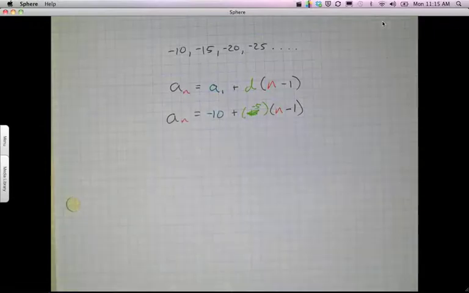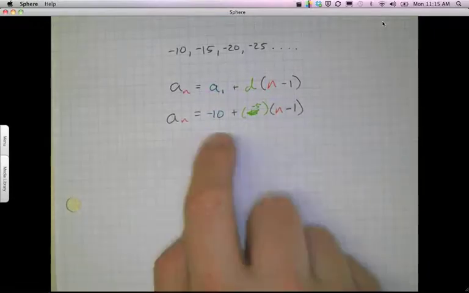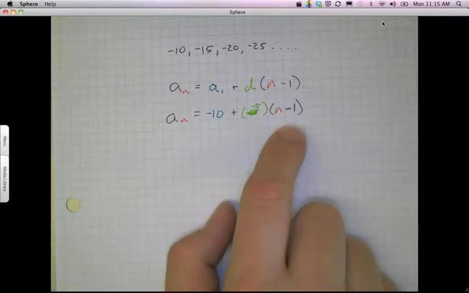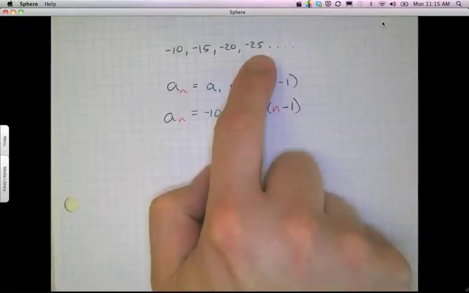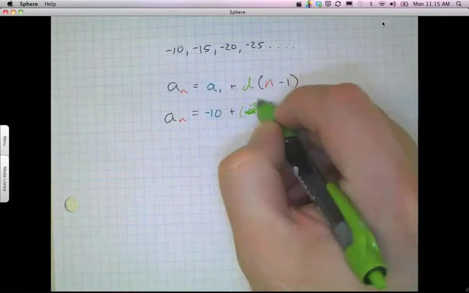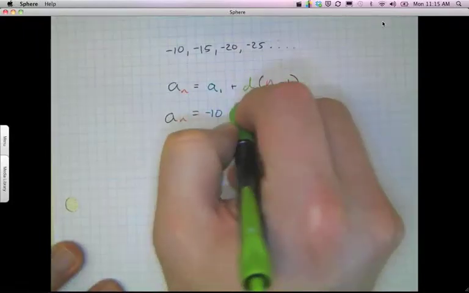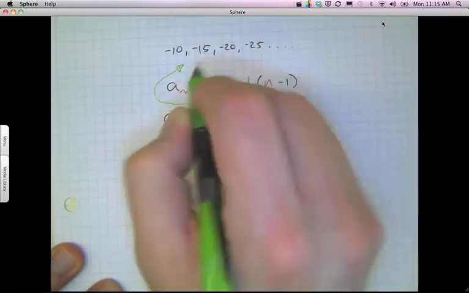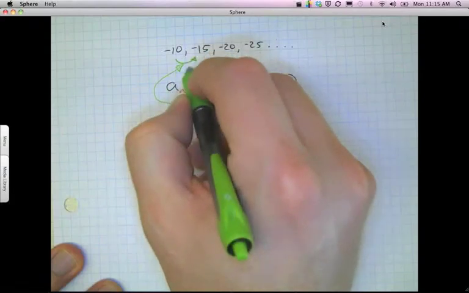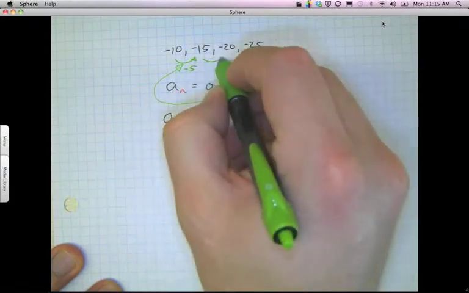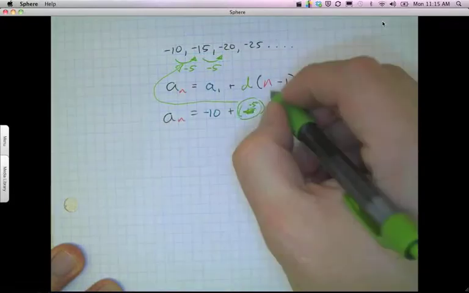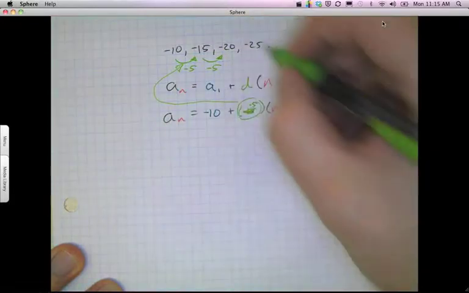And the important part for A1.3.B is to make the connections for where you got these numbers from to the original sequence of numbers. So this -5 comes from the fact that every single term is 5 less than the one before it. So this difference is my common difference.